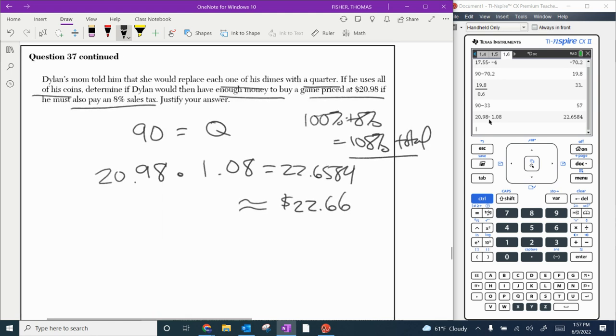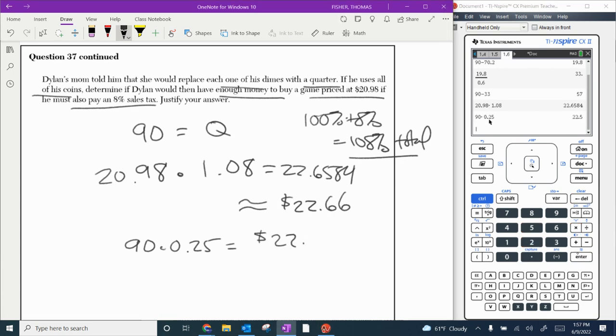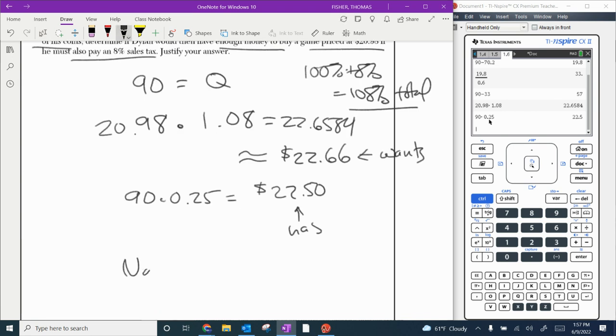So is 90 quarters enough? Well, let's do 90 times the value of each quarter and see, is that enough money? Oops, too many buttons here. That's $22.50. So this is what he has. This is what he wants. Does he have enough? No. So no, Dylan does not have enough.